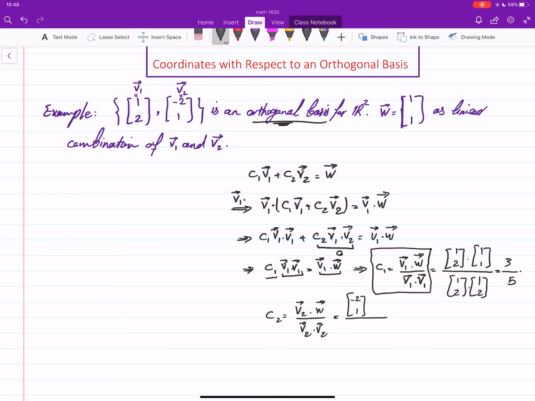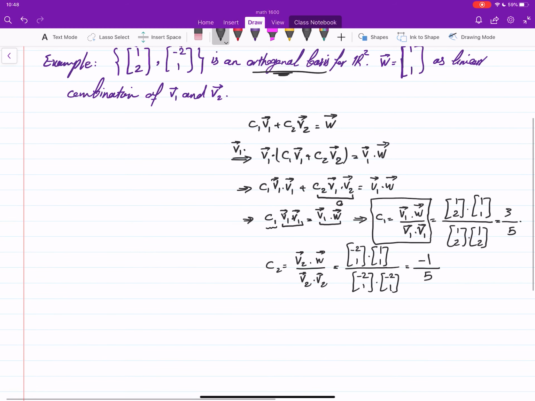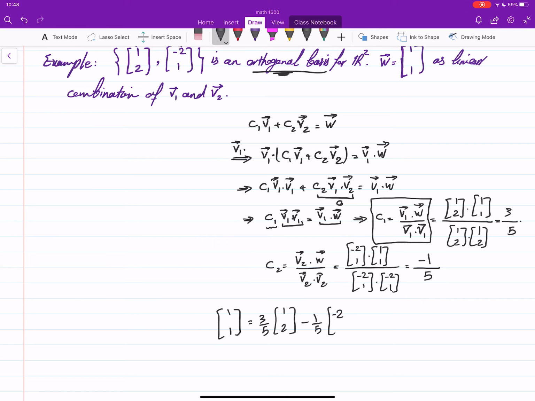(Negative 2, 1) dot (1, 1) over (negative 2, 1) dot (negative 2, 1). And this will give us negative 2 plus 1, which is negative 1. This will be 4 plus 1, which is 5. Well, very simple. Now you write (1, 1) is 3 over 5 times (1, 2) plus negative 1 over 5 times (negative 2, 1).